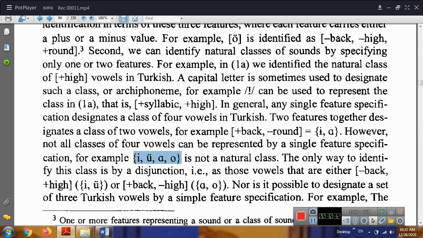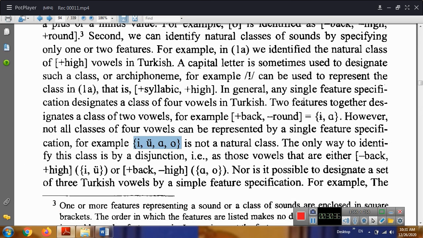I repeat it again. However, not all classes of four vowels can be represented by a single feature specification. For example, E, U, A, O is not a natural class because they don't share a feature. All of these four sounds don't share just one feature.